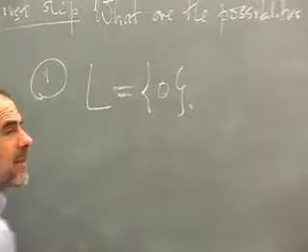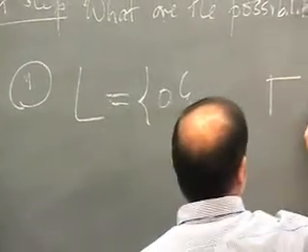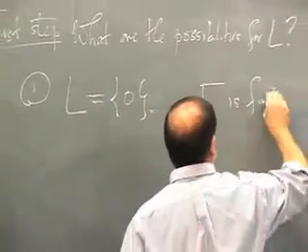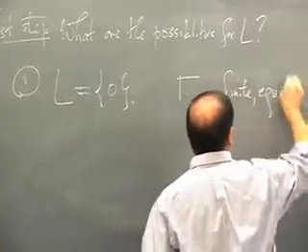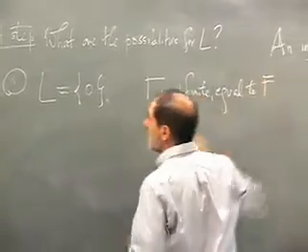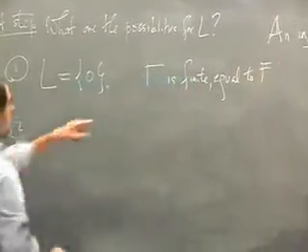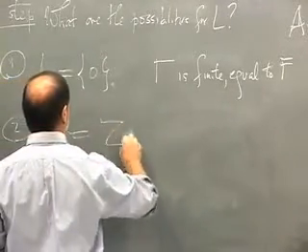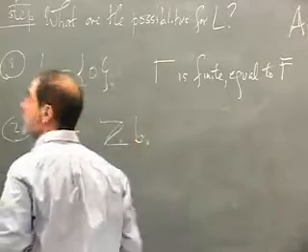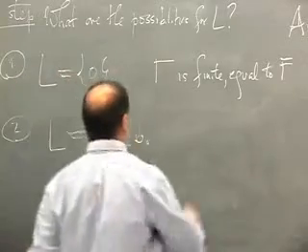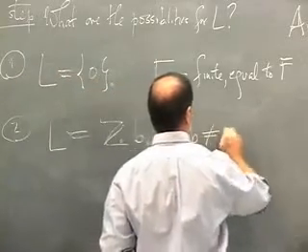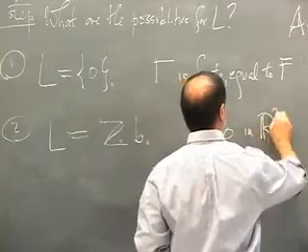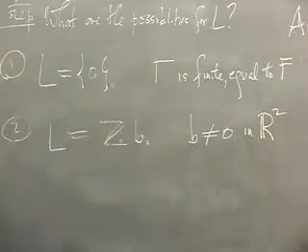That's the case when gamma is finite. Two, the case we had here: L can be all integer multiples of a fixed vector b, where b is non-zero in R2. All translates of a fixed vector.